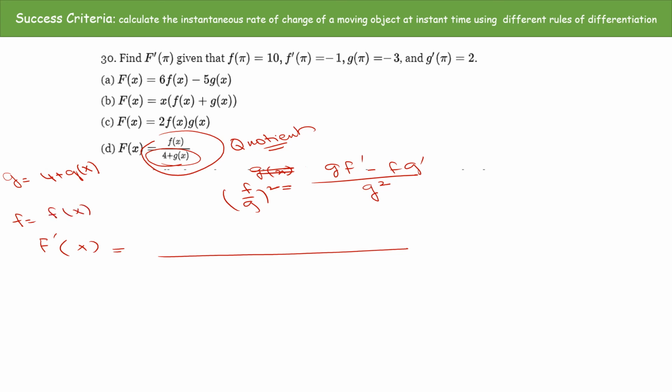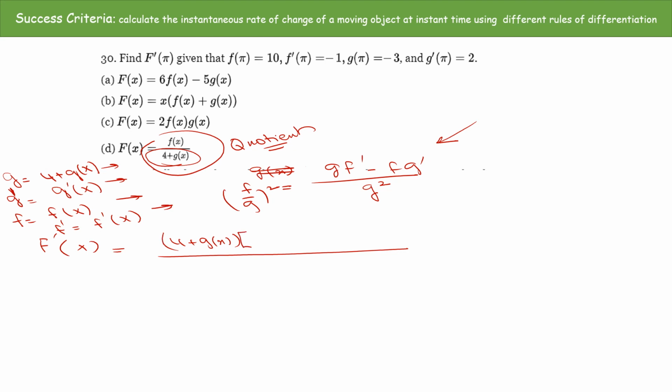Let me show you what your g prime is. 4 is a constant, so the derivative of a constant is 0, plus the derivative of g of x is g prime of x. Now the derivative of small f of x is f prime of x. Now here is my formula and here are the derivatives and the functions. I will just replace to get my final answer. So I write the g, which is 4 plus g of x.